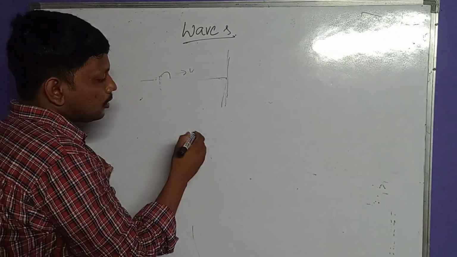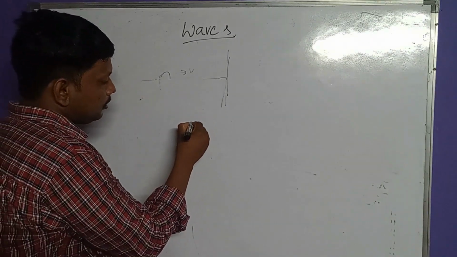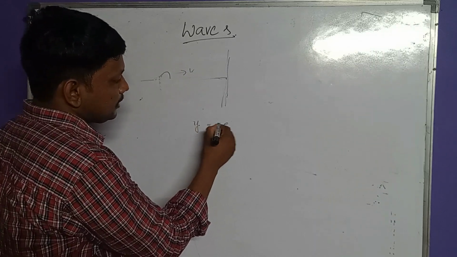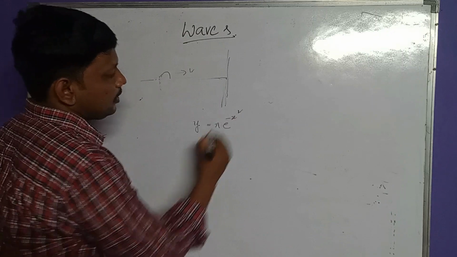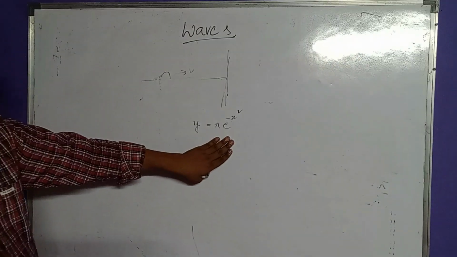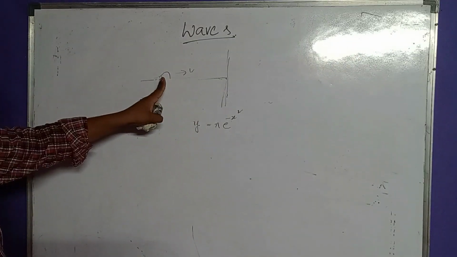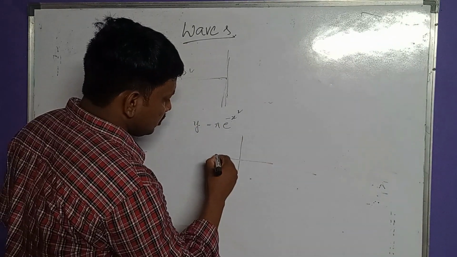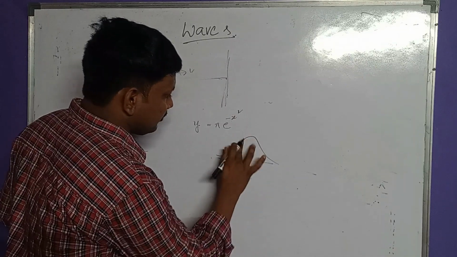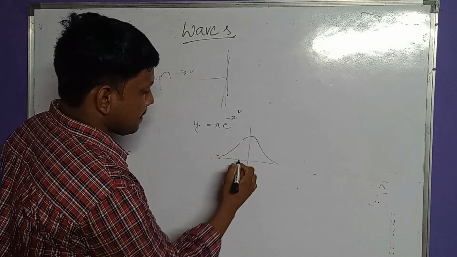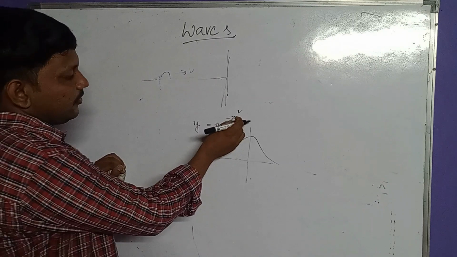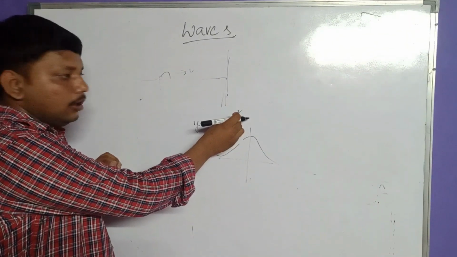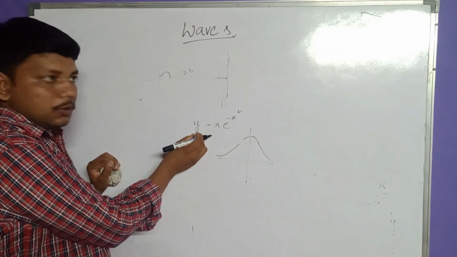If we draw a graph of amplitude for the function y is equal to a e power minus x square, we get a graph that looks like this. That means a bell function. For every negative or positive value of x, y is always positive.